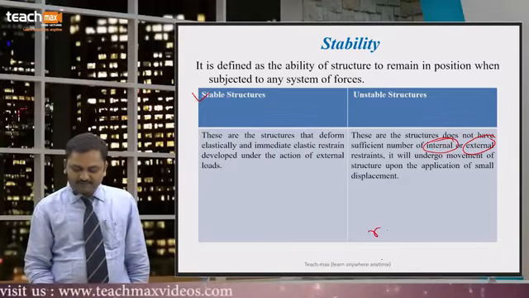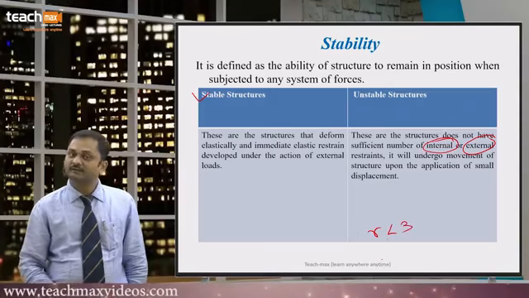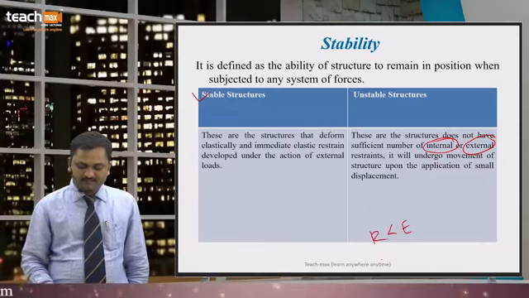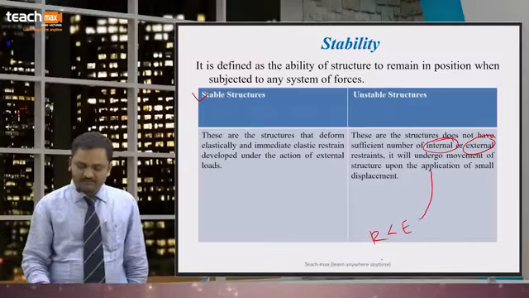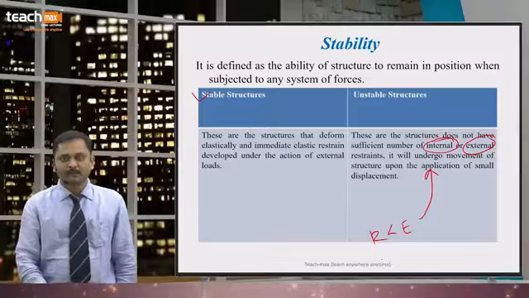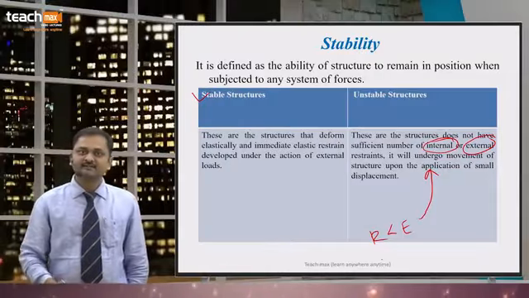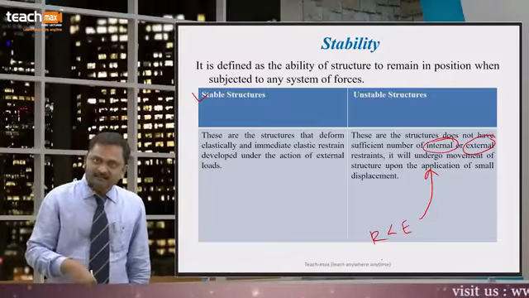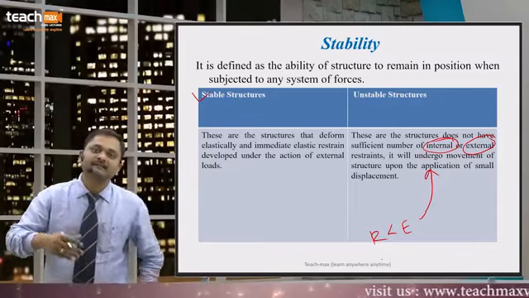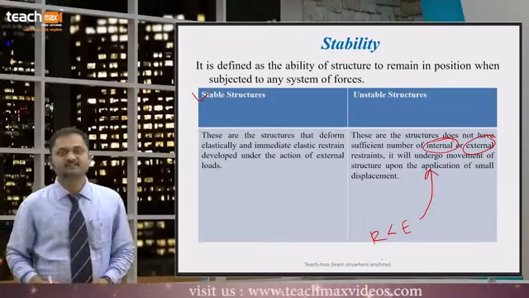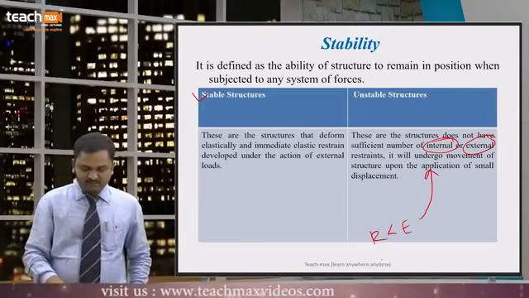If the number of unknown reactions, capital R or small r, is less than the available equilibrium conditions, then we say the structure is externally unstable. And if the number of members in the structure is less than the available number of internal unknowns, in other words the number of internal unknowns is less than the equilibrium conditions, then we say the structure is internally unstable. So let us see.